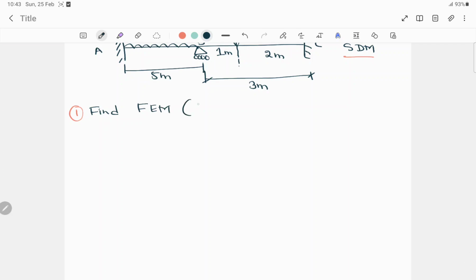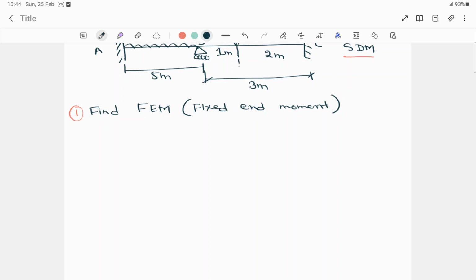And what was FEM here? FEM is the fixed end moment. Okay, so first step is to find the FEM.